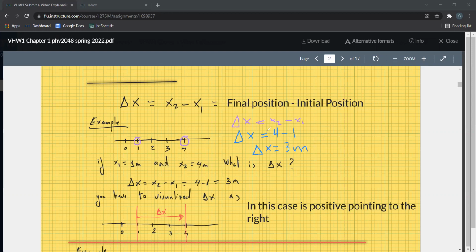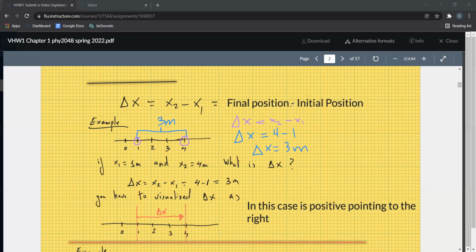And this is the math, but I can show it to you even more simply on the graph. If you look back here, you can clearly see that when you hop from your initial to your final, you go 1, 2, 3. You move 3 spots, 3 meters, and the distance between the two, or the distance you traveled, or the change in your position, is 3 meters.